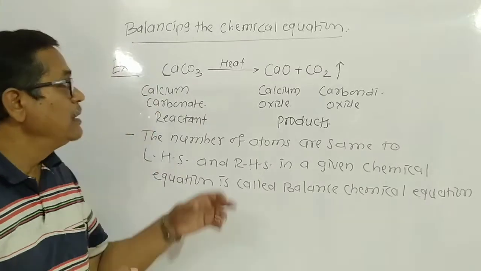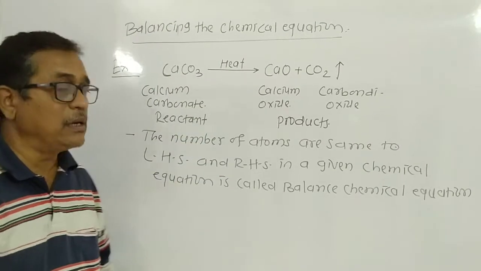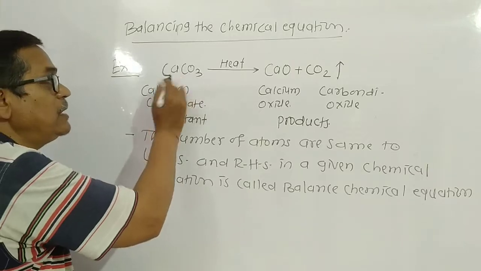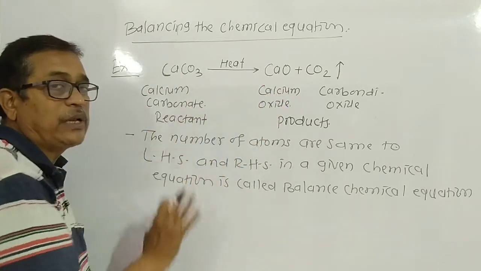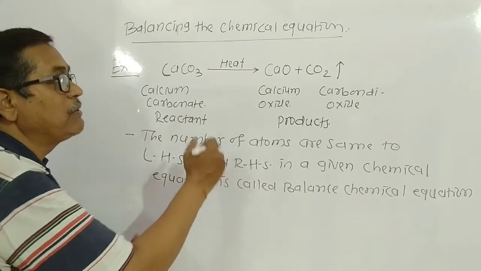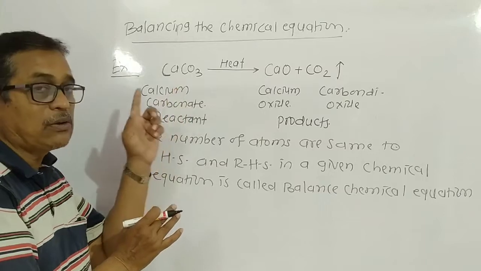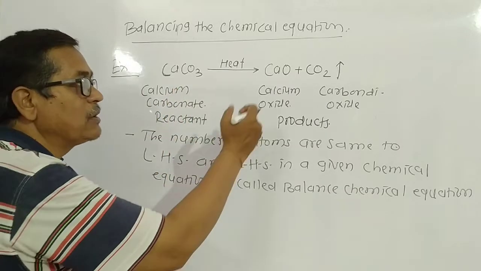Another point is that it is necessary to check the individual balancing. If calcium is 1 on the left, then calcium is also required to be 1 on the right side. Here, carbon is 1 on the left side, so carbon is required to be 1 on the right side. If oxygen is 3 on the left side, then oxygen is required to be 3 on the right side.